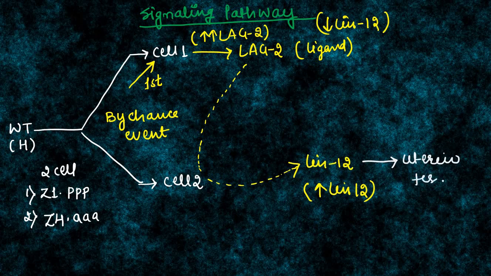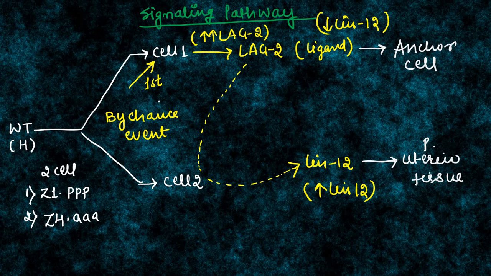It will act as a precursor for the uterine tissue, and the cell which lacks this lin-12 production will have the fate to convert itself into the anchor cell. So on this basis, the whole signaling pathway takes place.